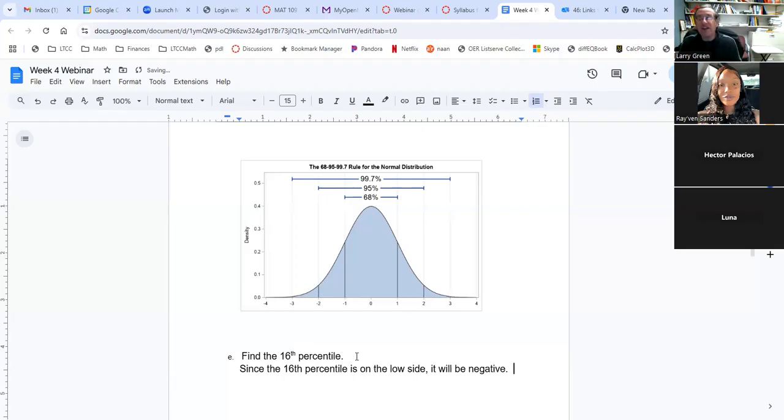Okay, the 16th percentile, that is how much is on the left tail. So the two tails have area 0.16 plus 0.16. And by the way, 16 plus 16 is 32. So that's 0.32.